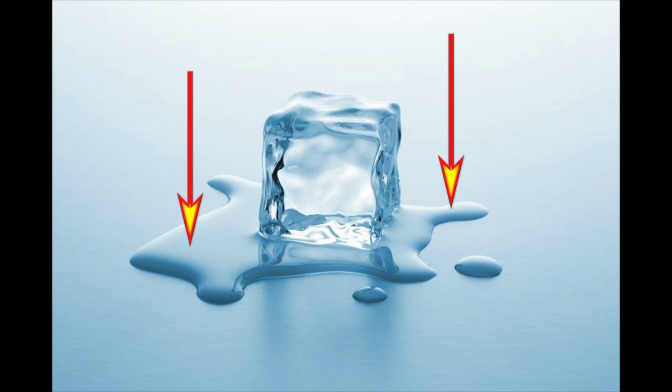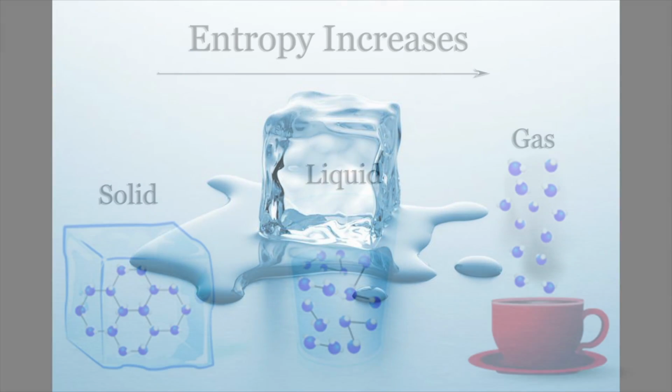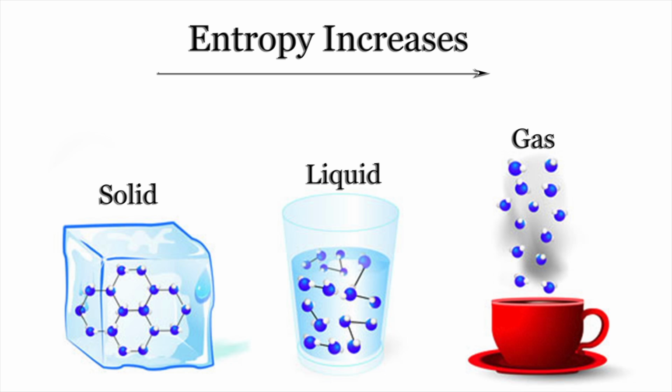The ice cube is metaphorically dying, and then you get a puddle of water, and as more energy gets pushed into the water, the atoms vibrate, the energy level gets higher, and then it turns into a gas and it goes into space looking for that equilibrium that we were just talking about.